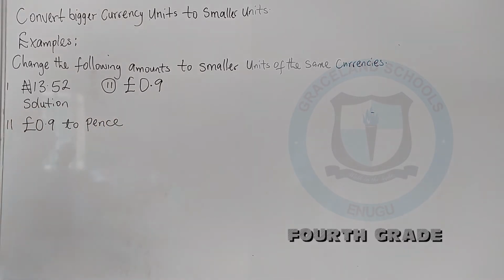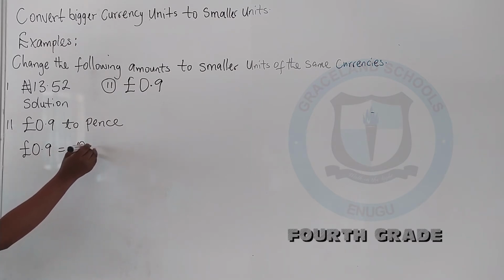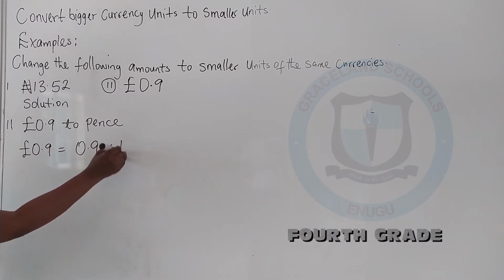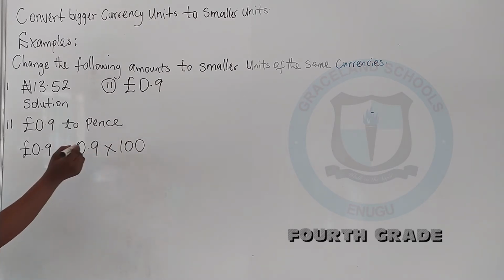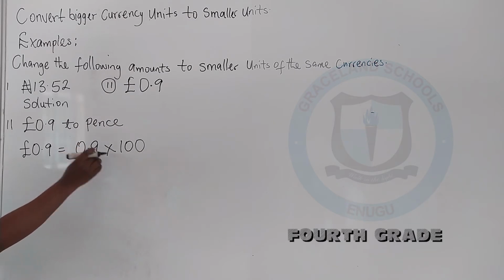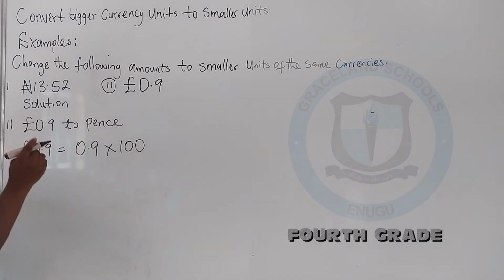Remember, to change bigger currency unit to smaller one, we'll multiply by 100. Write it out. Then 0.9 times 100. We have two zeros here, so from the decimal point, we'll move it 2 places to the right.